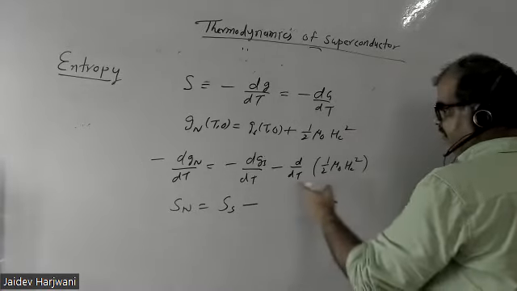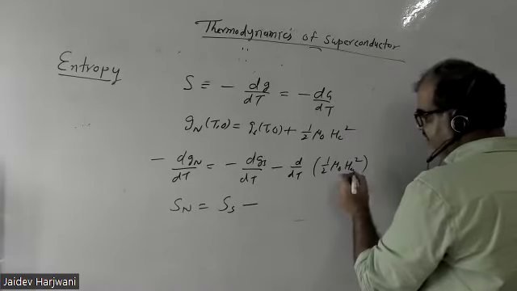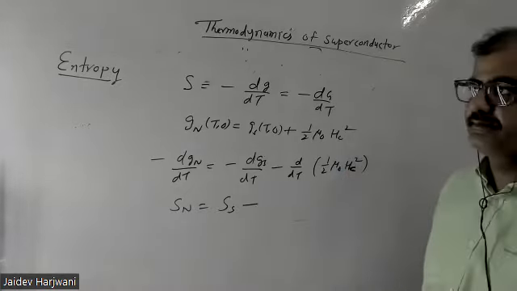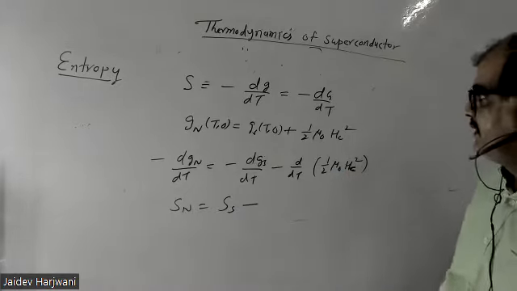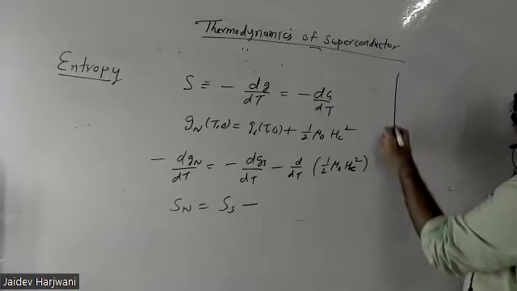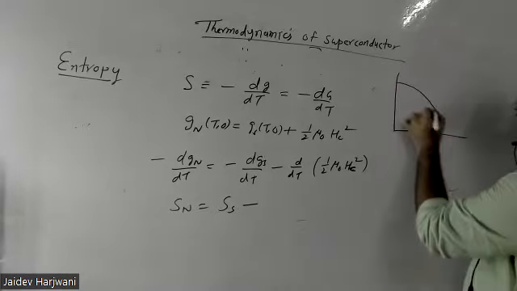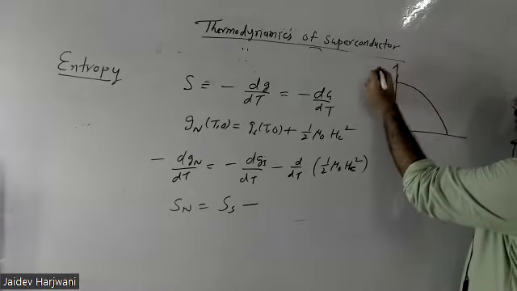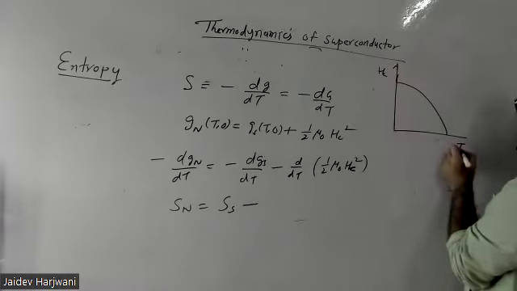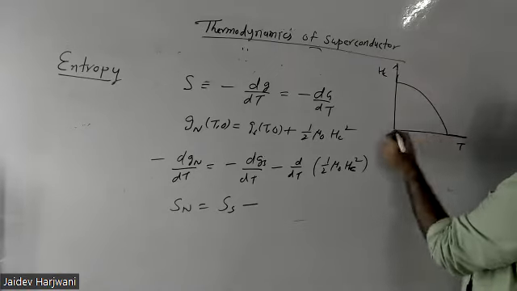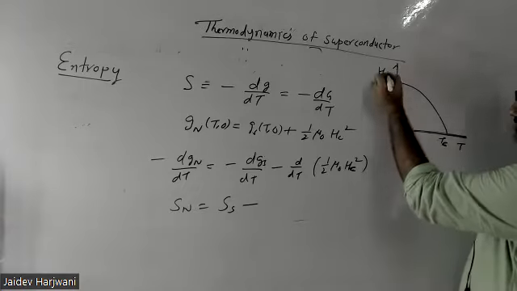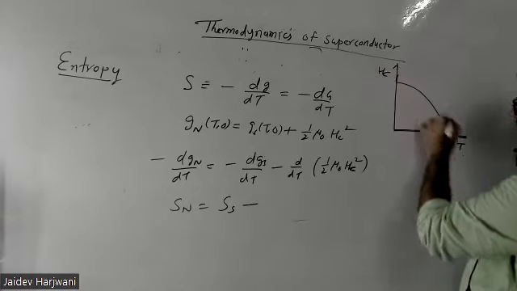Now, is Hc a function of temperature or not? Yes, sir, function of temperature. We told you yesterday that this is your Hc curve, the critical field versus temperature curve, and this is Tc. So the critical magnetic field varies with temperature.